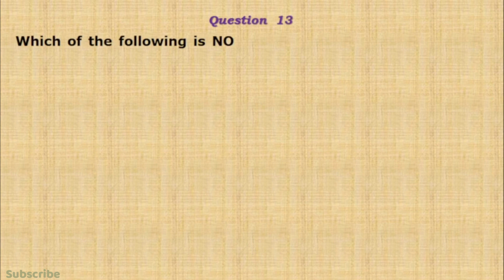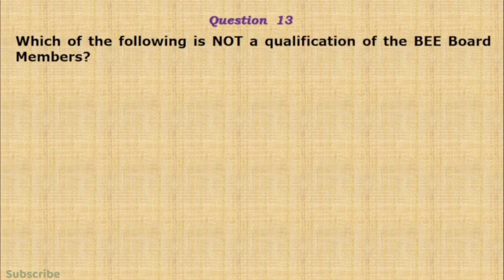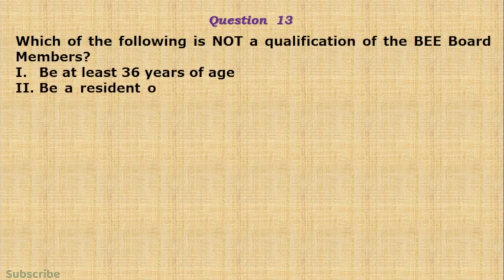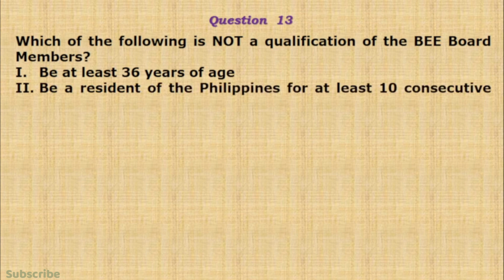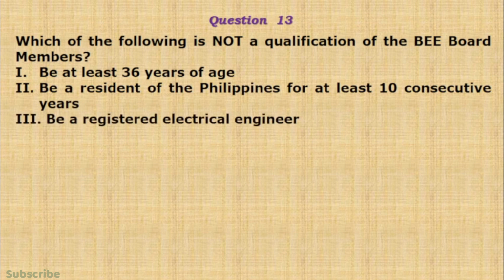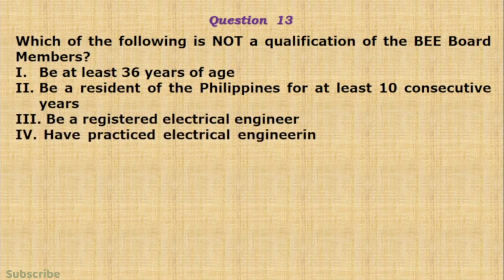Question number 13. Which of the following is not a qualification of the BEE board members? 1. Be at least 36 years of age. 2. Be a resident of the Philippines for at least 10 consecutive years. 3. Be a registered electrical engineer. 4. Have practiced electrical engineering for a period not less than 5 years.